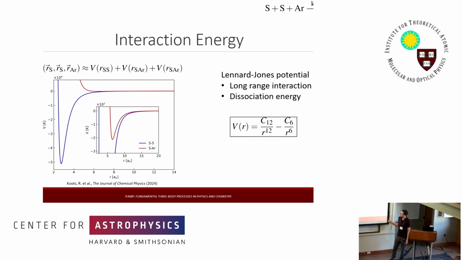And the most important thing is that they capture the two important features in three-body recombination events. That is the long-range interaction, the 1 over r to the 6, and the dissociation energy, which defines essentially the energetics of the reaction.